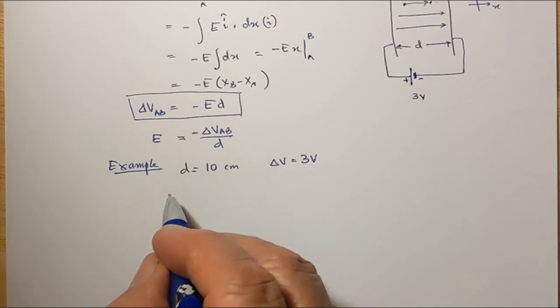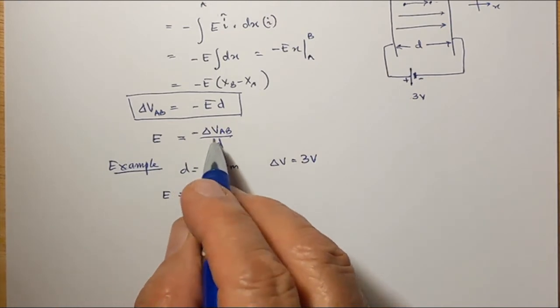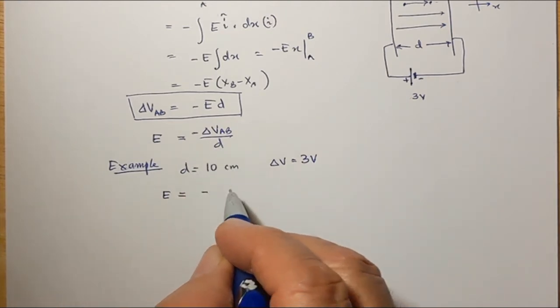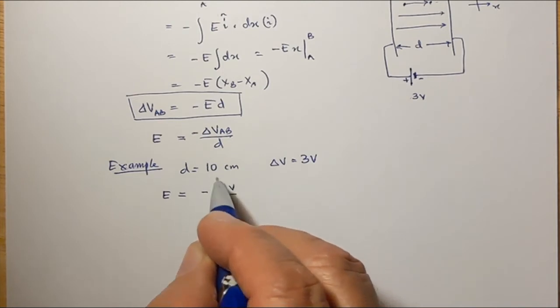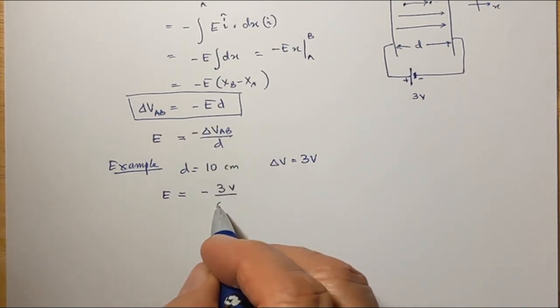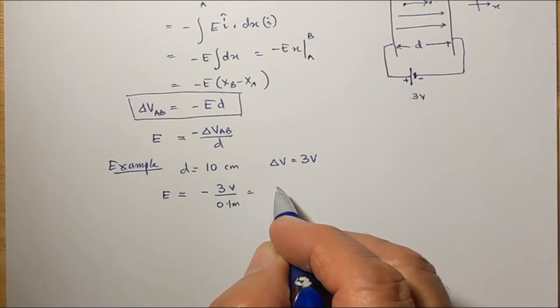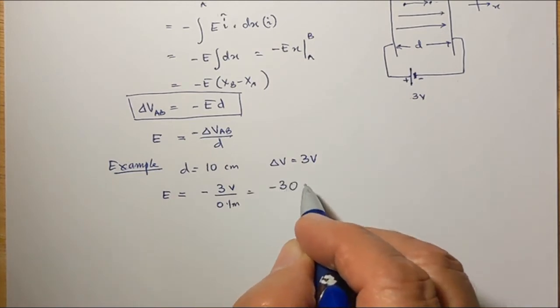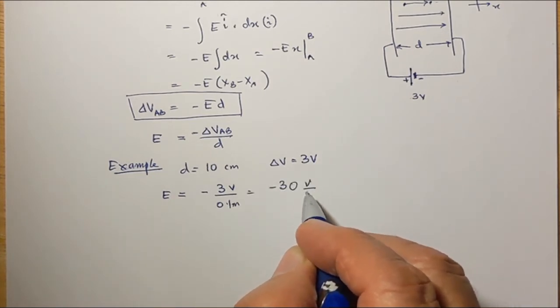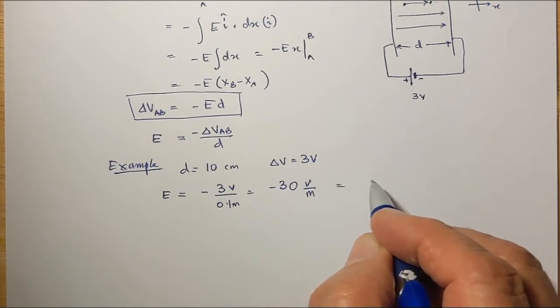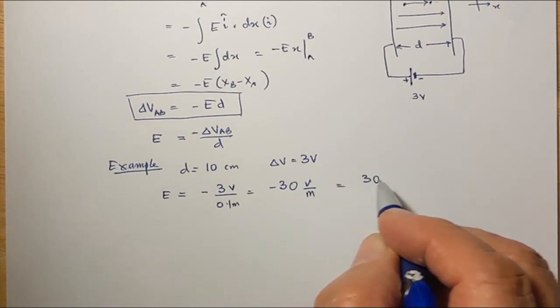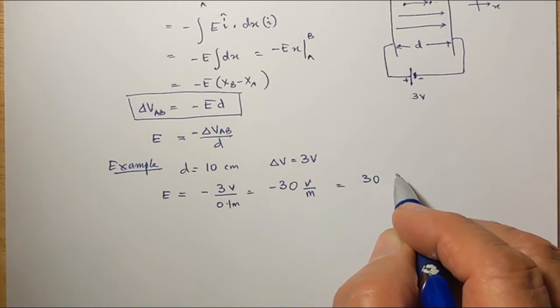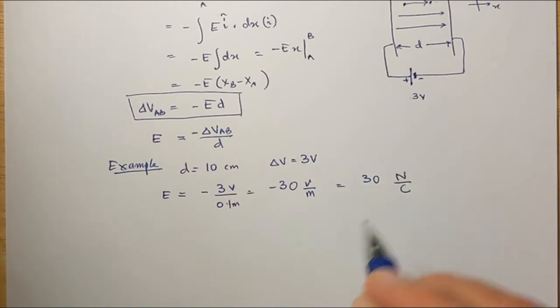And now we'll substitute these in here. The electric field is going to be the negative of 3 volts over d, which is 0.1 meter. That's going to be 30 volts per meter, or 30 newtons per coulomb.